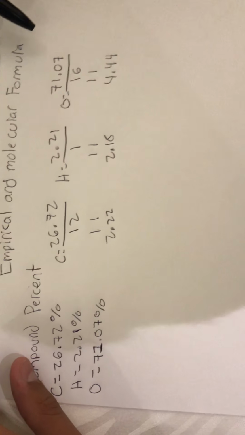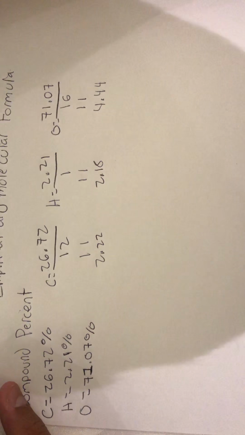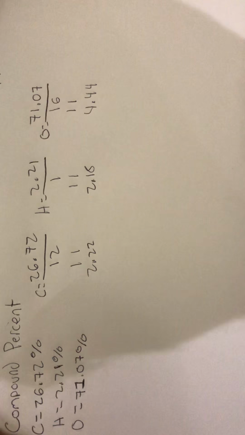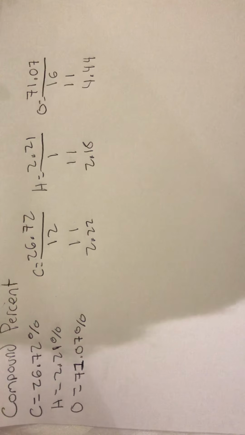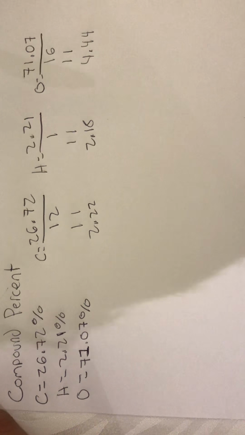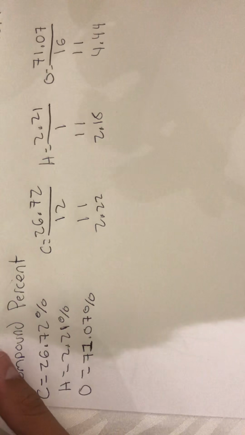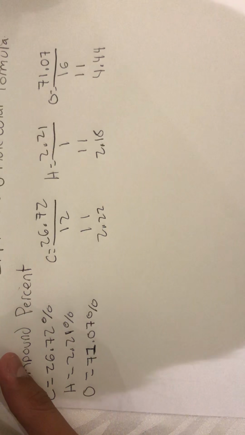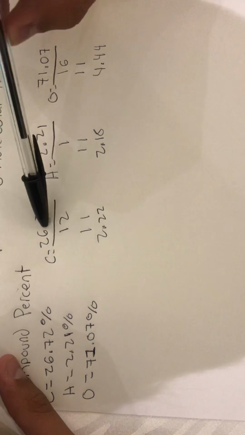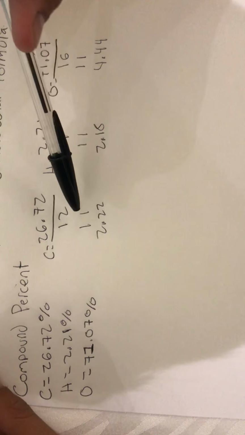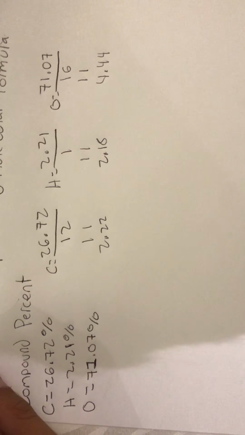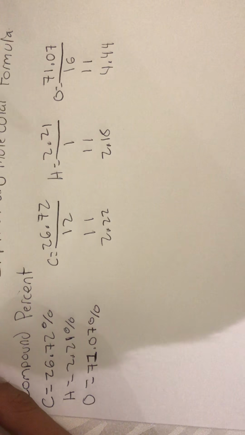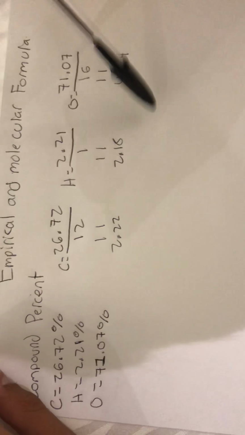Okay, now after we have the percentages, we have to figure out the atomic ratio. How do we do this? We're gonna grab the smallest gram atom, which is the hydrogen one, and we're gonna divide each of these over the smallest gram atom.